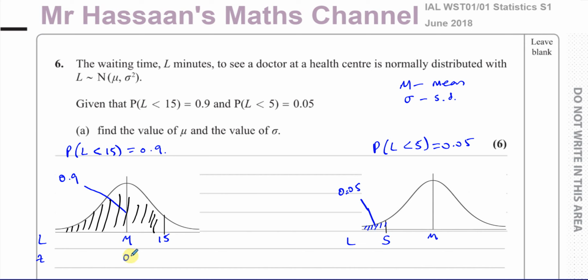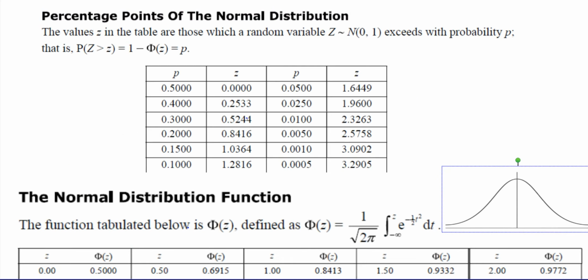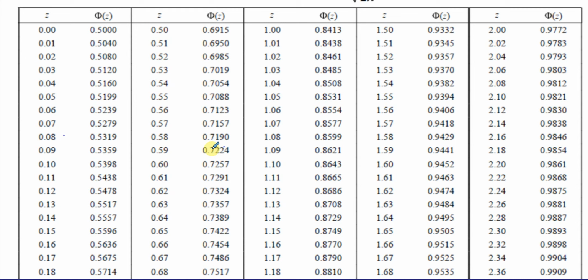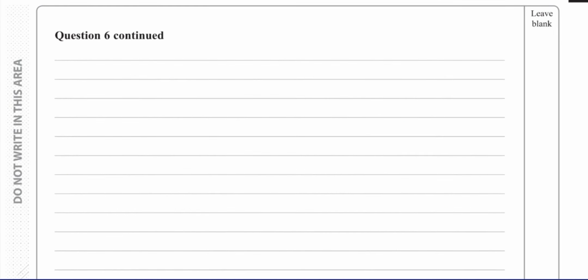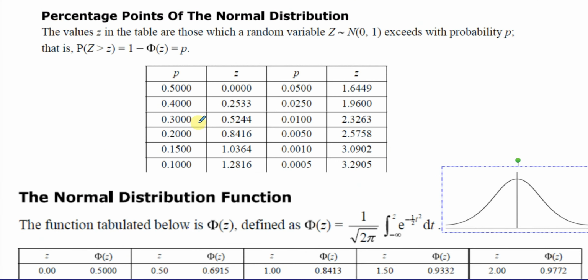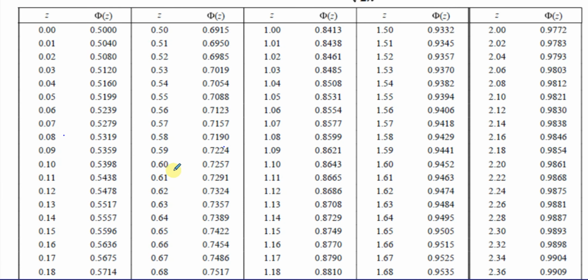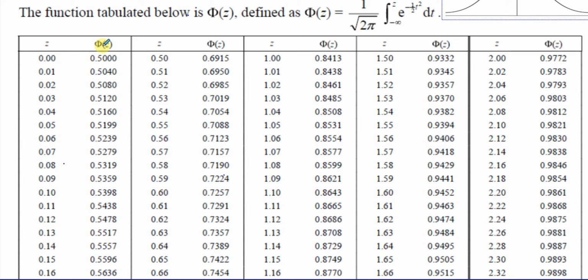I can use this table over here to find the value of Z. So I look for the area of 0.9. Phi Z is the area, and this is the area to the left of these Z values.